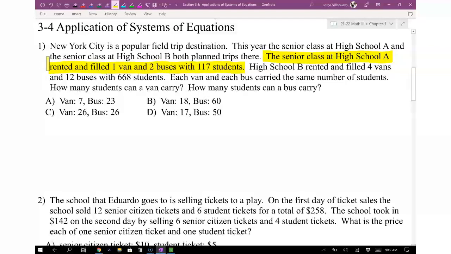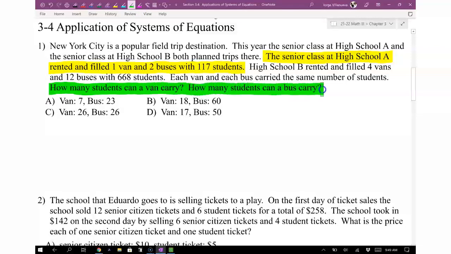Now, what was it that I was supposed to find? How many students are in a van? How many students are in a bus? What is it I'm trying to figure out? A van and a bus. So are we cool if we use a V and a B for variables? Vans and buses, a V and a B.